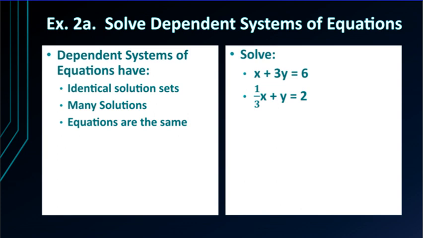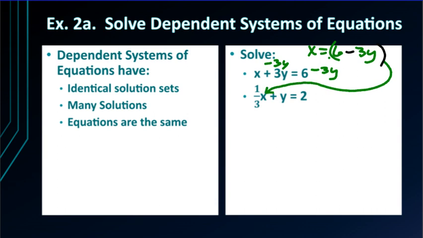I'm going to solve for x on the top one, so I'm going to subtract 3y from both sides. Now I have x equaling 6 minus 3y. I can substitute that in for this x. If I rewrite this, I would have 1/3 times 6 minus 3y, plus y, equals 2.